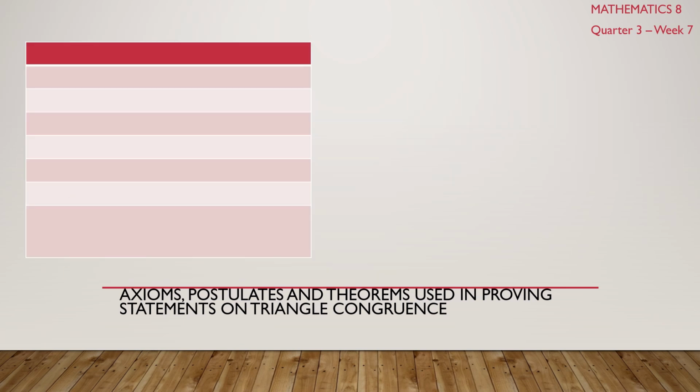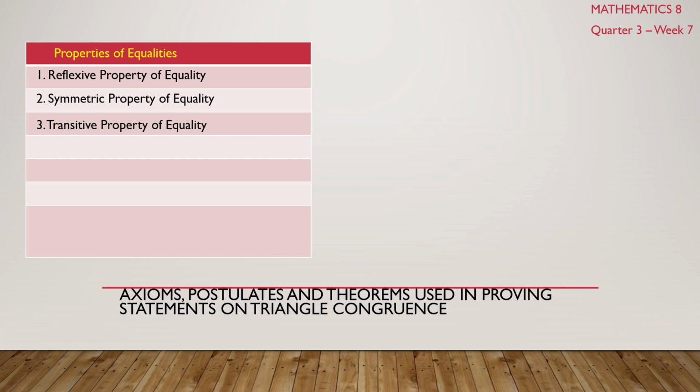We also have different properties to use in proving statements on geometry. We have the properties of equalities. The first one is reflexive property of equality. Second is symmetric property of equality. Third, transitive property of equality. Fourth, addition property of equality, which is APE.